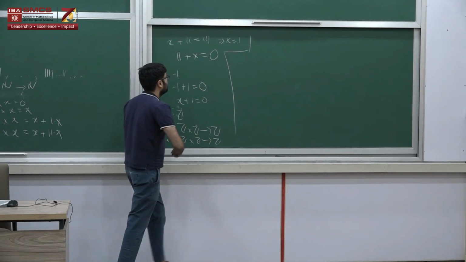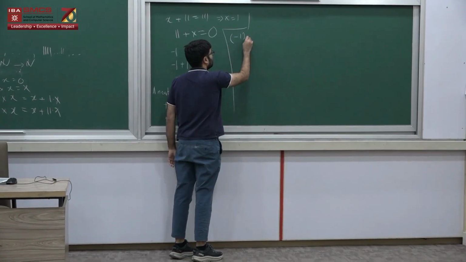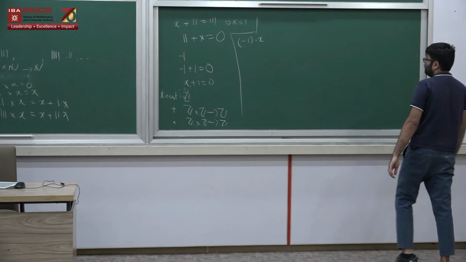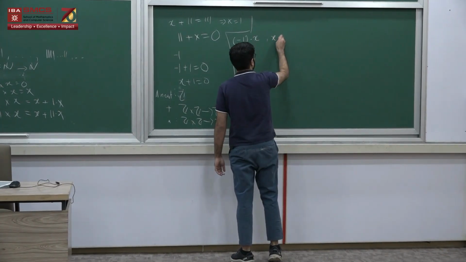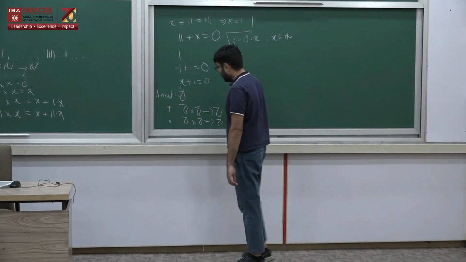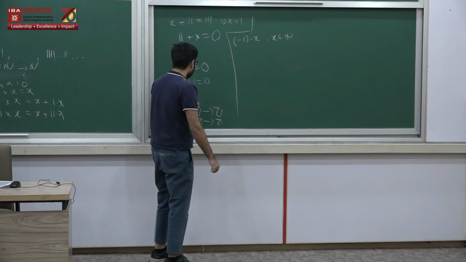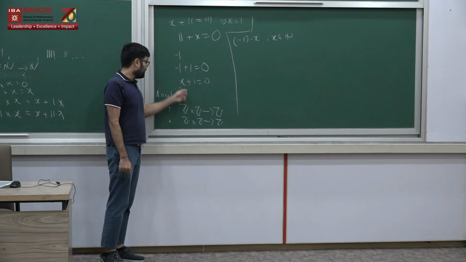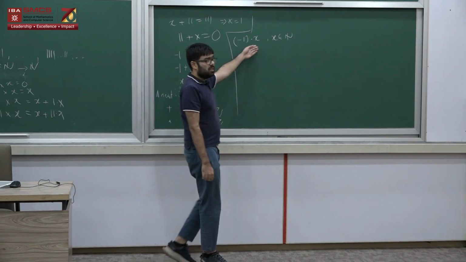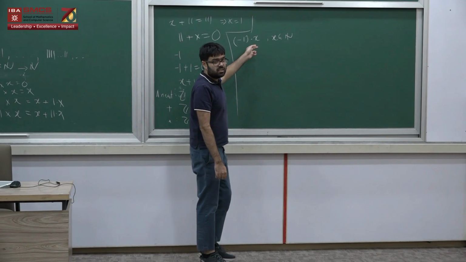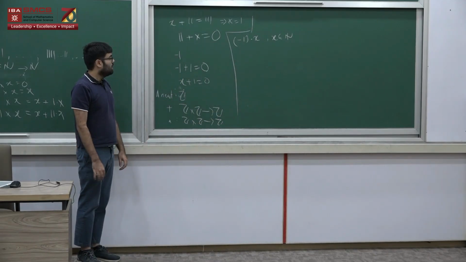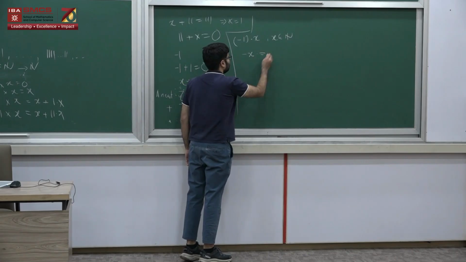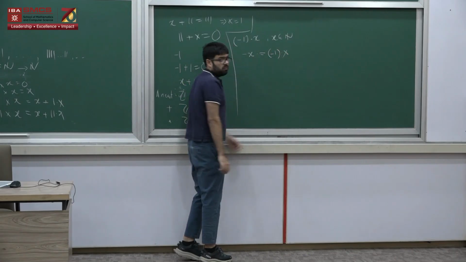What I need is minus 1 times some number x, where x is a natural number, right. So I have some natural number x, minus 1 times x is not really in this set unless this x is 0 or 1. So 1 I have added by myself. So I just consider this as a new number. And I define minus x, this is for me by definition the multiplication of minus 1 times x.